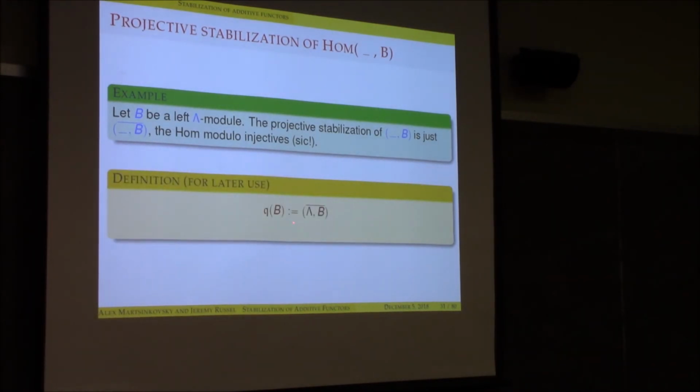So this allows us to introduce a new character, which we call Q. It's a quotient functor of the identity functor. What is it? Well, we just evaluate this in lambda. So it's lambda into B modulo injectives. And that is our definition of cotorsion.